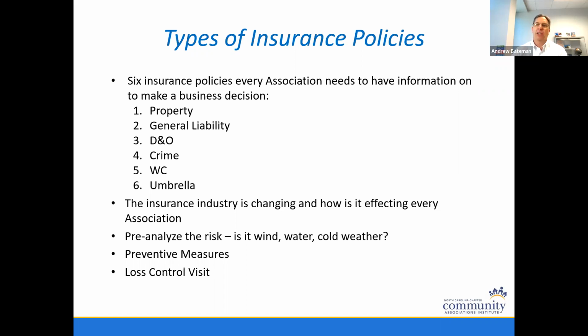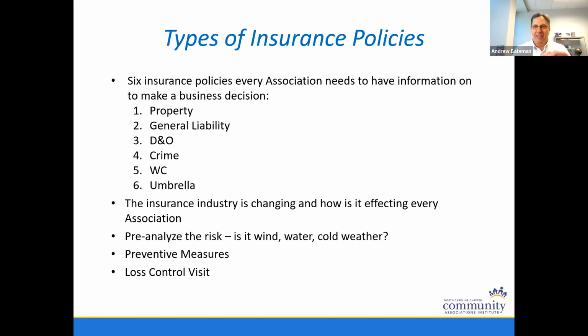Of course, there's property, general liability, D&O, crime, workers' compensation, mainly to cover volunteers. But if you have employees, you're required, and we always recommend carrying workers' comp if you have employees, and an umbrella. The other are getting information in regards to earthquake and flood.